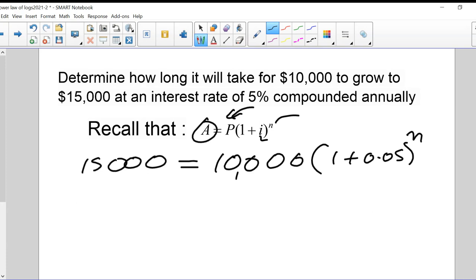I'm sitting with my financial planner. I'm telling him I have $10,000 and I want to get to $15,000 because there's that shiny new, I don't know, something I wanted to buy. And I need to know, at a 5% interest rate, Mr. Financial Planner, numbers guy, how long is it going to take for me to get to that $15,000? That's the question that I'm posing to Mr. Financial Guru sitting in front of me across the table.